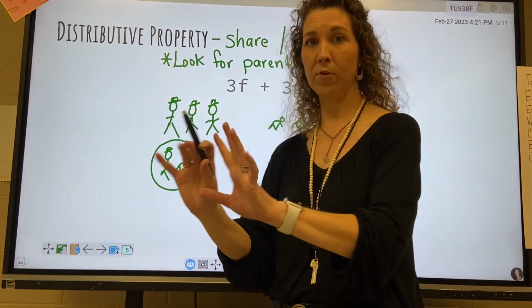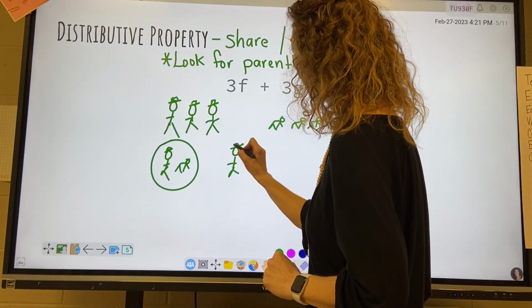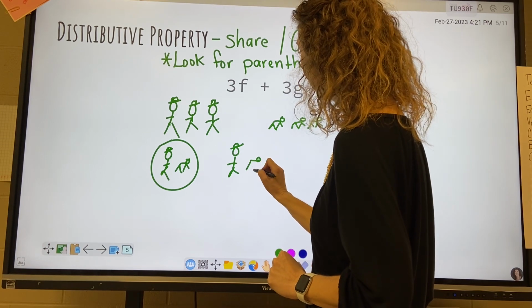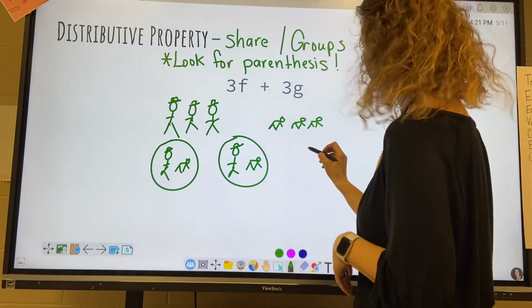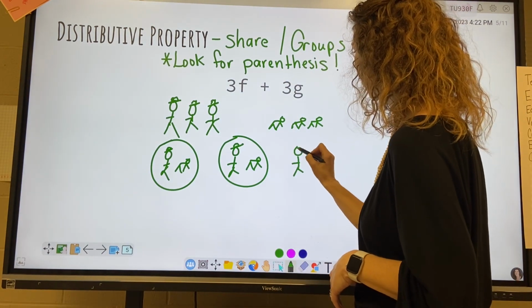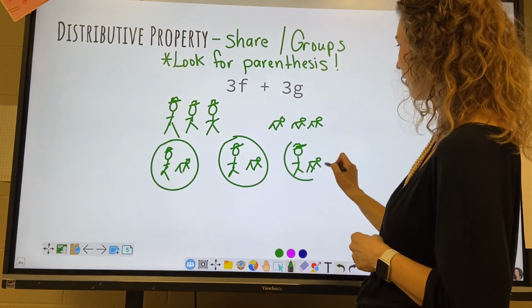That's one group, 1 farmer, 1 goat. And then the second group, we can have a farmer and a goat. And in the third group, we can have a farmer and a goat. Our little crazy farmers and goats.